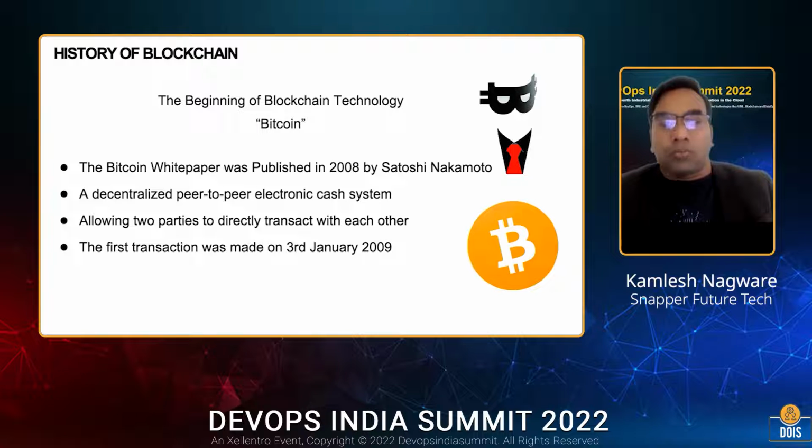The transaction is shared between them without any third party. It is a very flexible value, and that's why there is lots of hype and misconception in the community about cryptocurrency, and regulation is being put in place by different countries and governments. So that was the cryptocurrency and Bitcoin era.